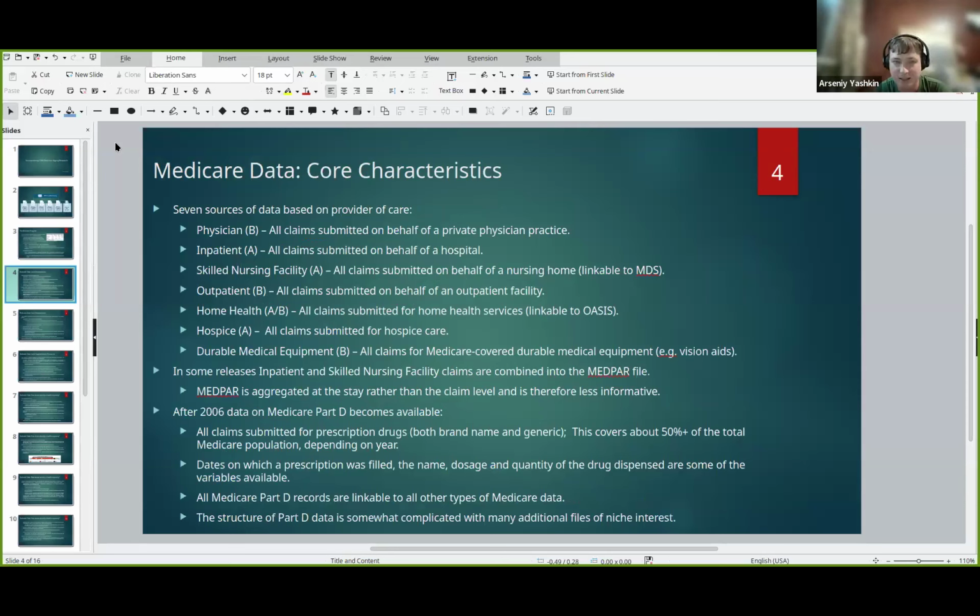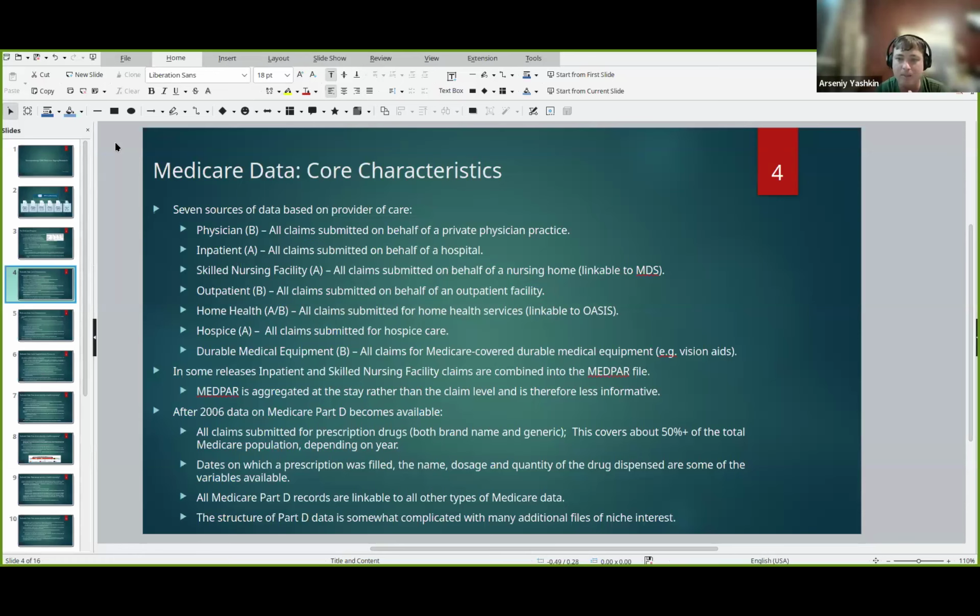So the physician claims paid for by Medicare Part B, and the parentheses tells us the primary payer. Sometimes you have both, like in home health, both A and B pay into home health. But the primary payer is in parentheses. Then we have inpatient, skilled nursing facility, which is going to be related to MDS data, as we can see in the parentheses, outpatient, home health, hospice, and durable medical equipment, which is its own set of opportunities.